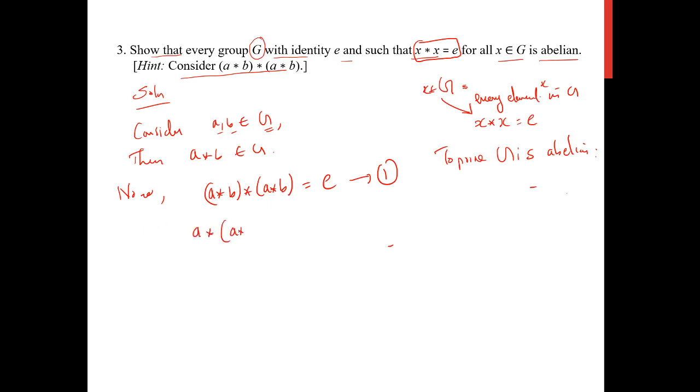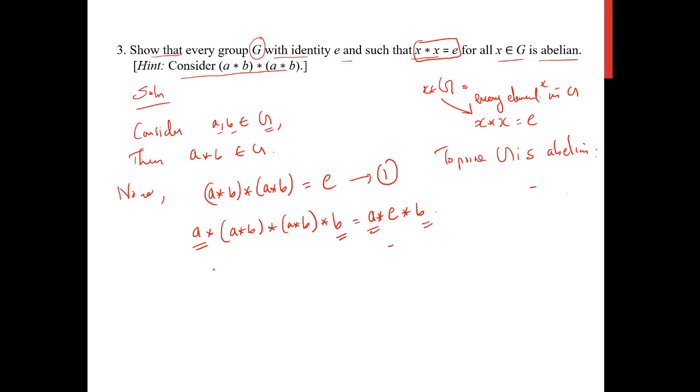A star B star A star B, and I am here multiplying with the B, which is equal to. I am multiplying on both sides A, E star. So I'm multiplying with A, here I'm multiplying with B, here I'm multiplying with A, B.